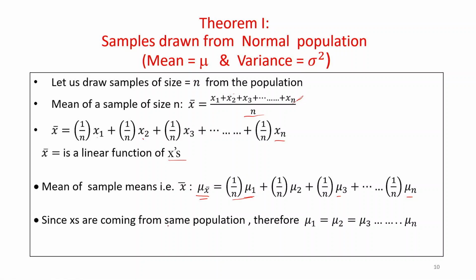Since the x's are coming from the same population, mu 1, mu 2, mu 3 and mu n are all going to be the same.